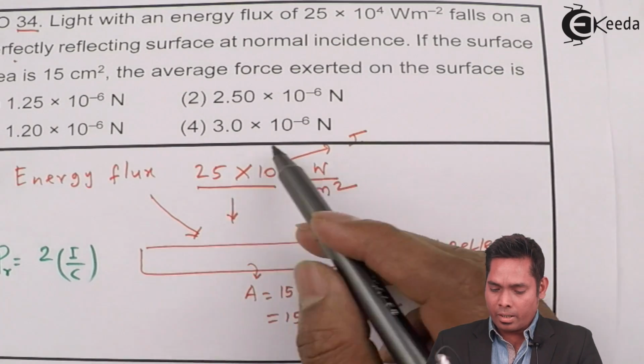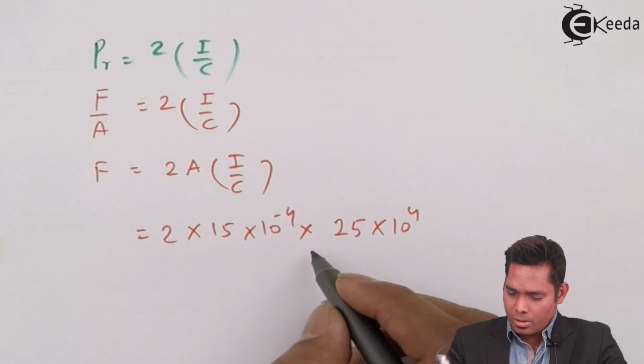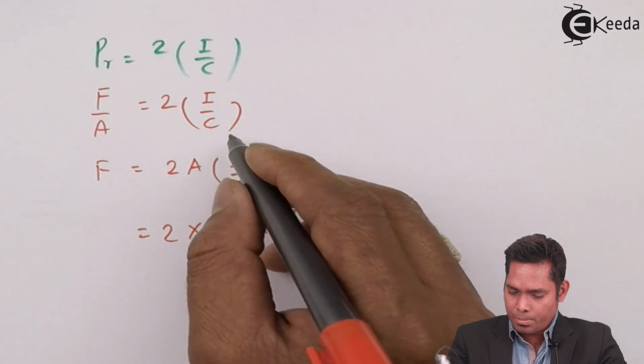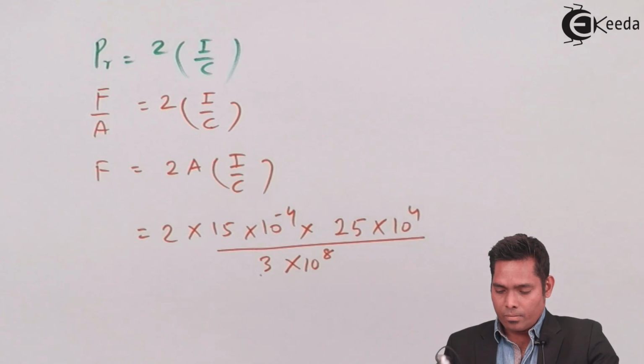Okay, this is the I. Flux I divided by C, the speed of light, which is 3 × 10^8.